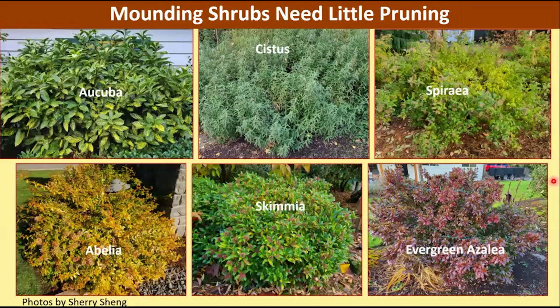Some of the shrubs naturally form a mound. On the screen are 6 examples. In addition to these, there's some other examples. I'm sure you can think of some. I can think of some barberries or boxwood, burning bush, Escallonia, some euonymus or snowberry, just among many of them.